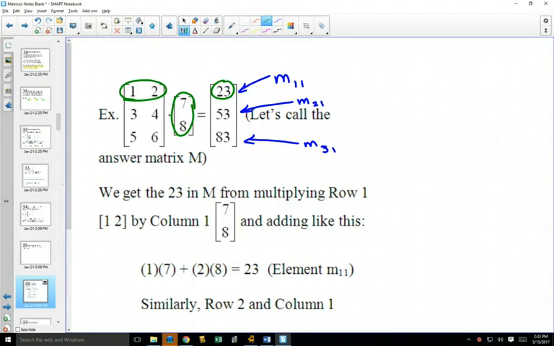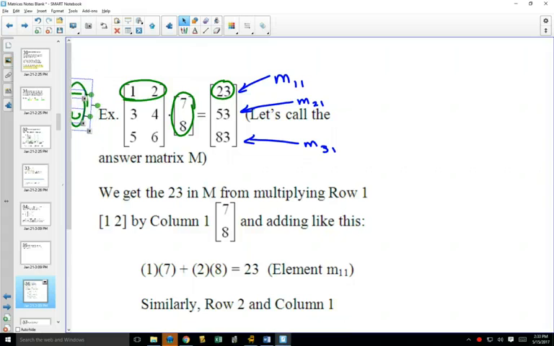Okay, I'm going to make a graphic here. So, the idea is as follows. Row 1, you can imagine it rotating, coming like this, slam.